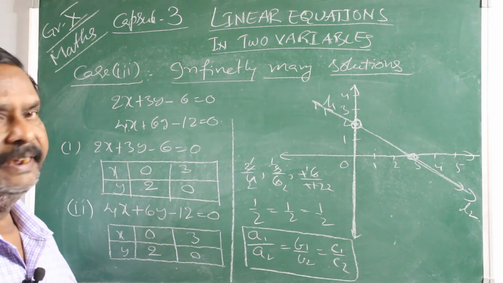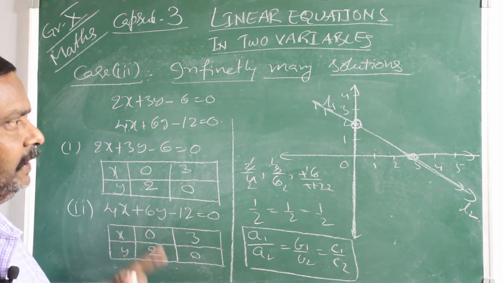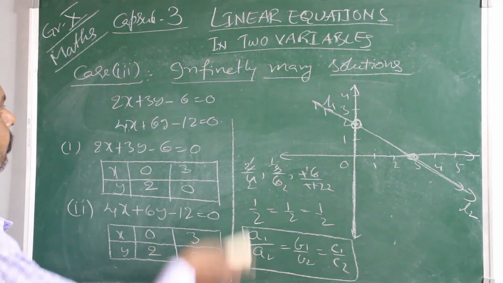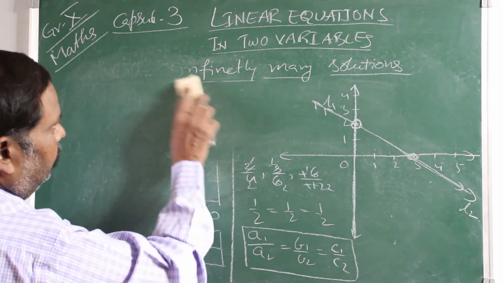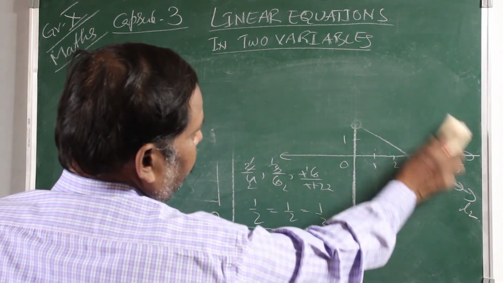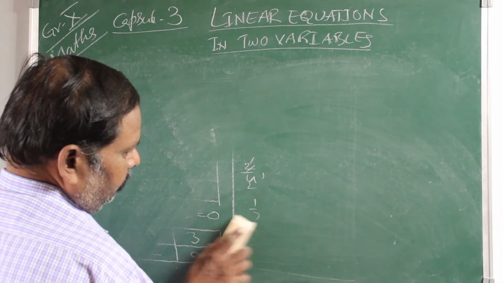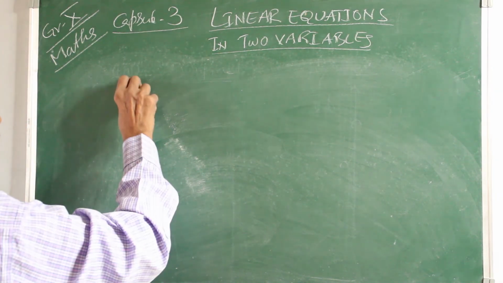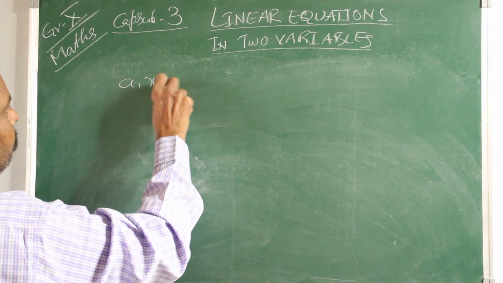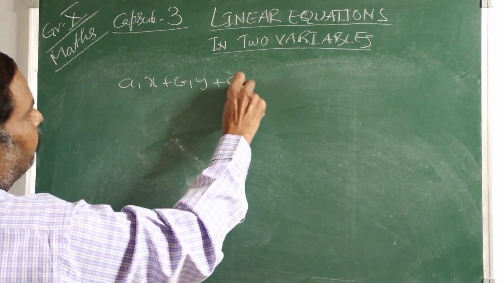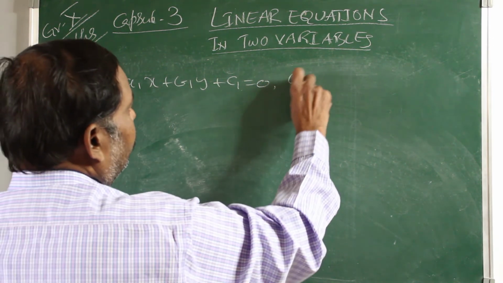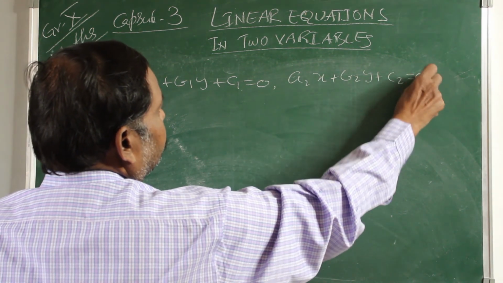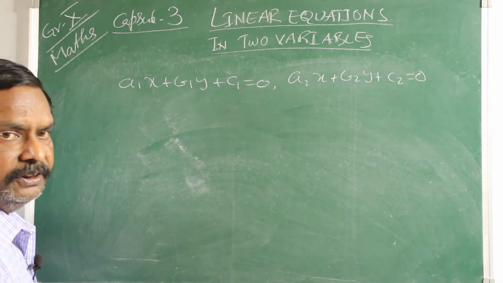So this is about the case 3, and we will see case 1, case 2 and case 3 together in general. Let us take a1x plus b1y plus c1 is equal to 0 and a2x plus b2y plus c2 is equal to 0 as two linear equations in two variables.